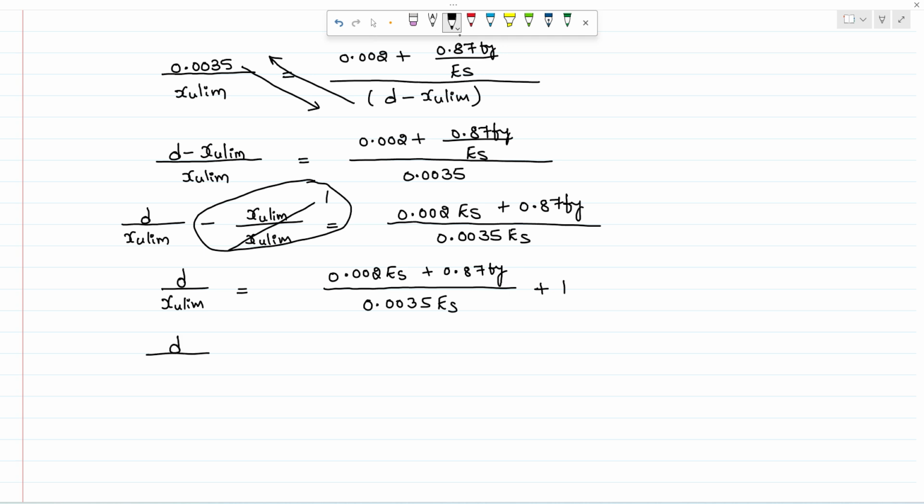So D divided by XU limit equals 0.002 ES plus 0.87 Fy plus 0.0035 ES, divided by 0.0035 ES in the denominator.